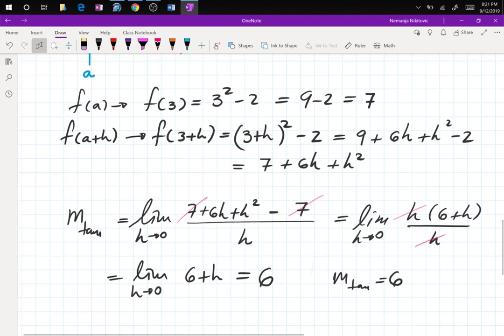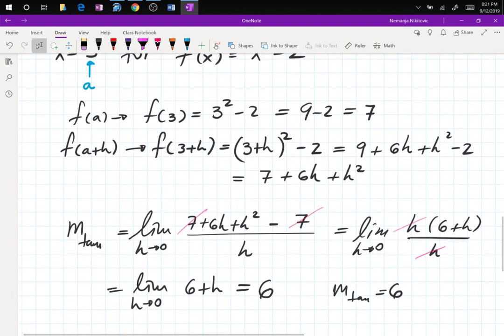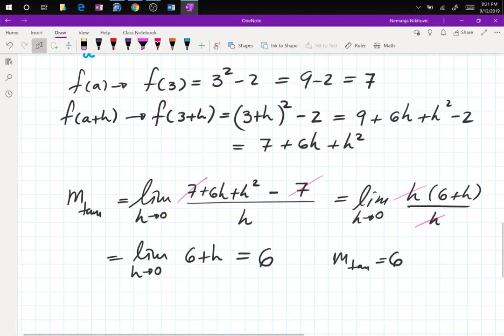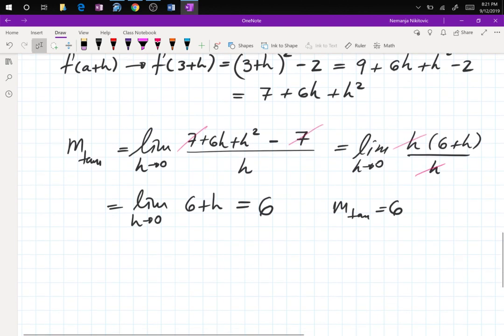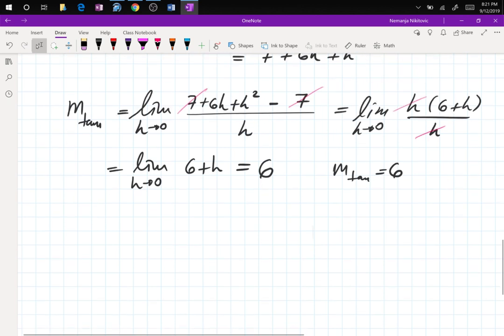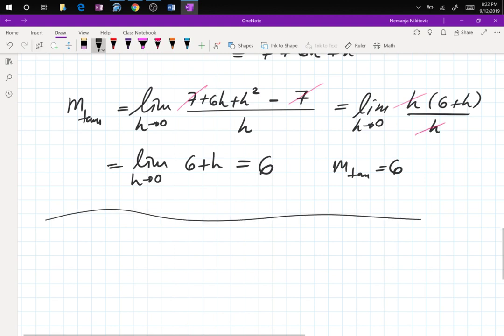You handed this in, went on a break, came back from the break, and the boss goes, it was not x equals 3. I read it wrong. It was supposed to say x equals 8. Oh, great. Now I got to do everything again. Let's go. So f of x is equal to x squared minus 2. That's our function. And x equals 8. Because 3 is like a half of 8. If you write the other 3 on the other side, it looks like 8 now. So it's a common mistake in corporate.